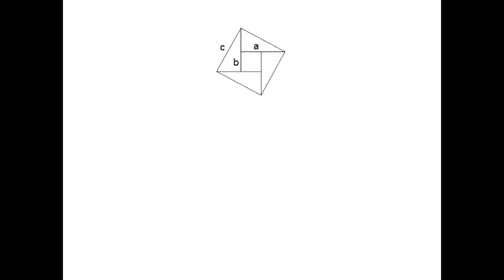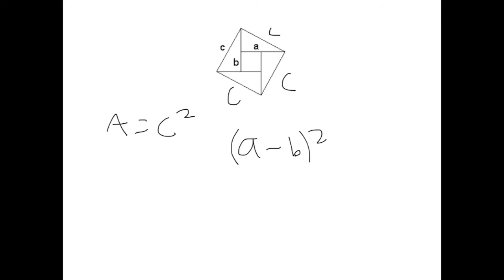Here is the same square put together where all the sides are C, and so the area of this square would equal C squared, and the area of this little square inside is (A minus B) squared.